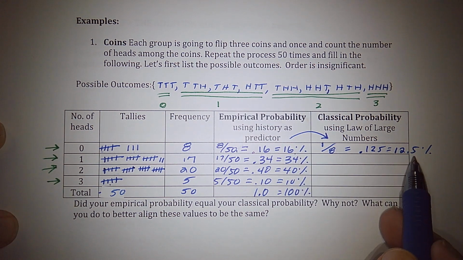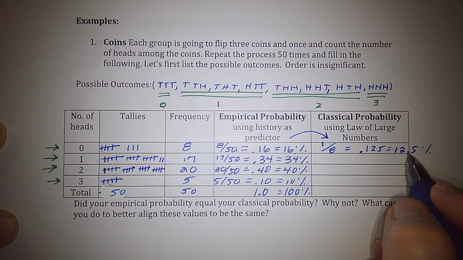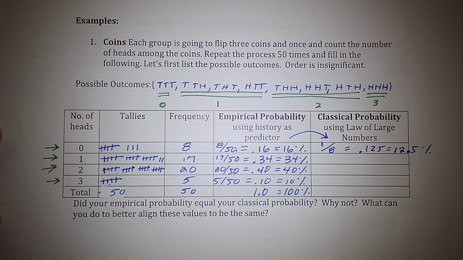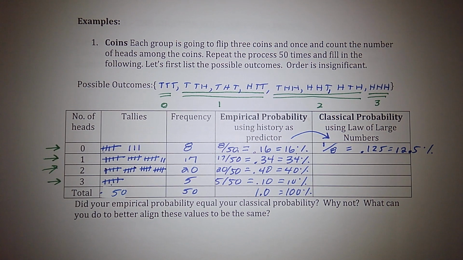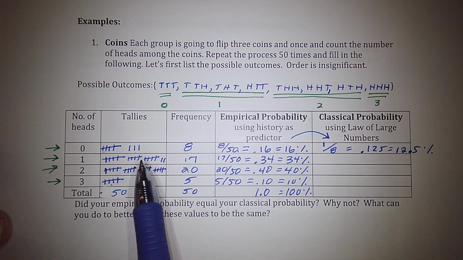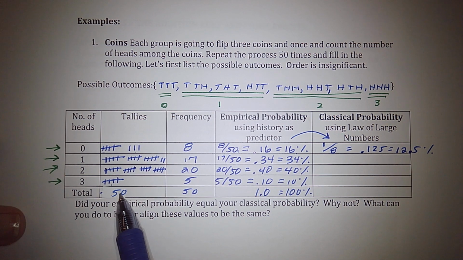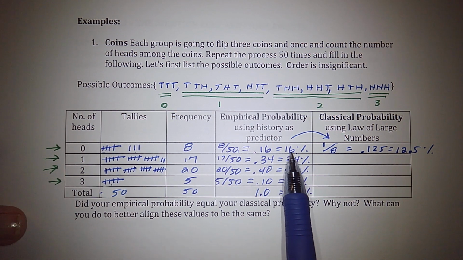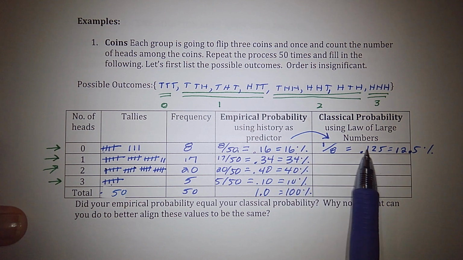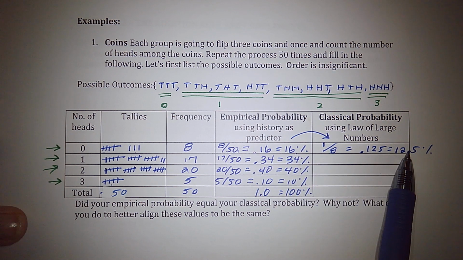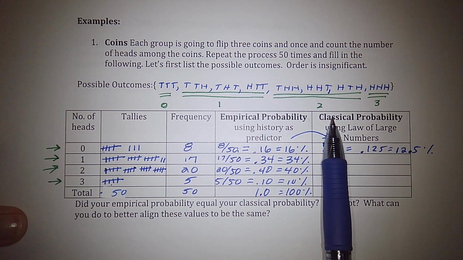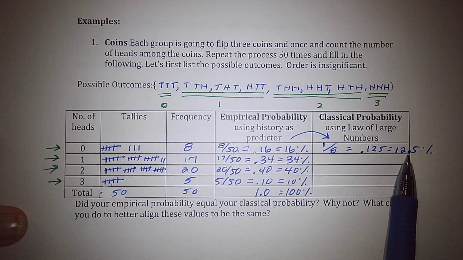And you can see that these numbers are close, and that's likely, especially if your sample size is fairly large, and 50 is a decent sized sample. Clearly we could utilize more, and the larger the sample, the more the 16% is going to start to look like the theoretical probability or classical probability, which is actually 12.5%.